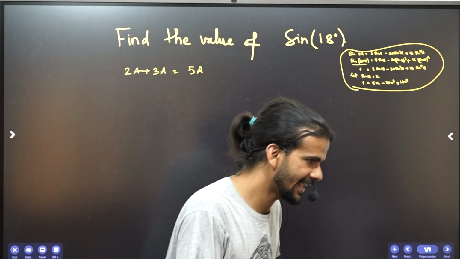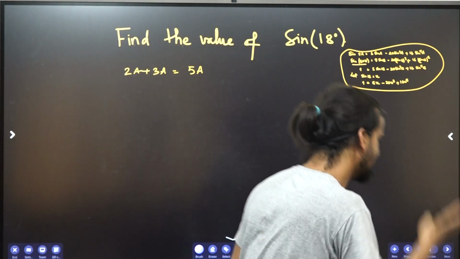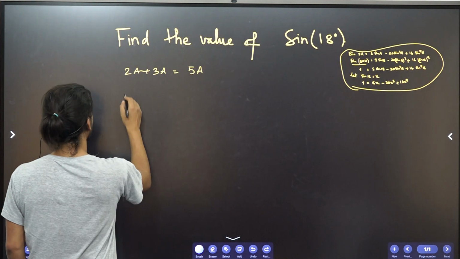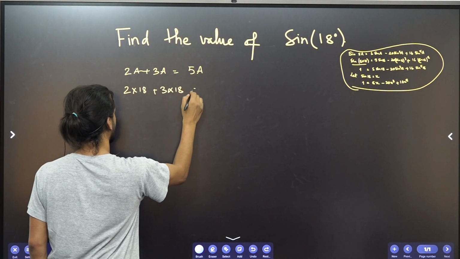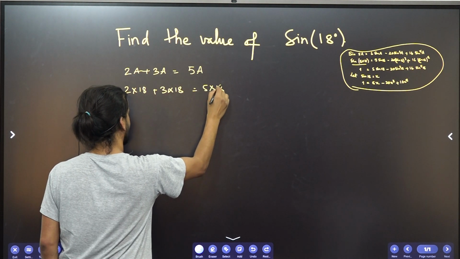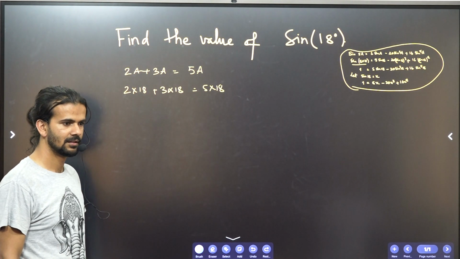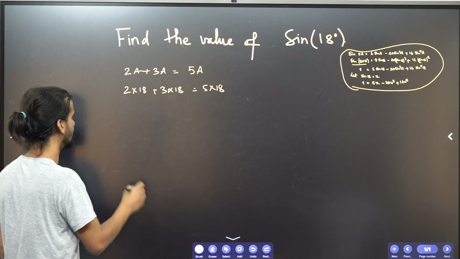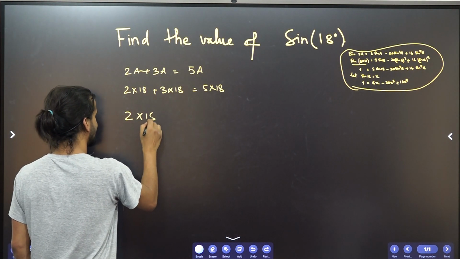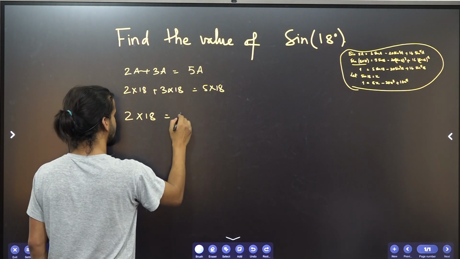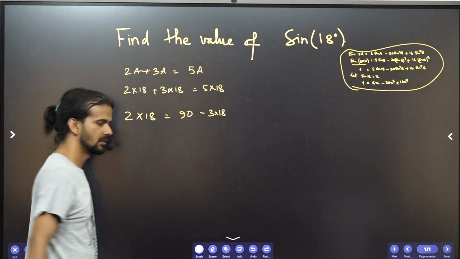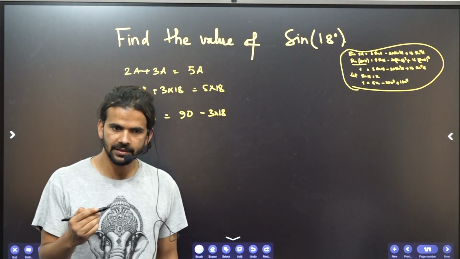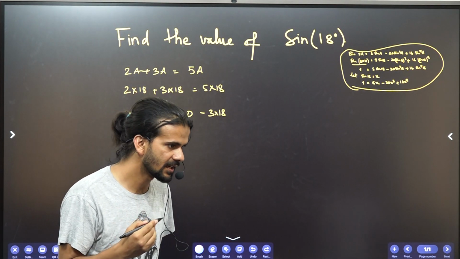How about putting a equals to 18? 2 times 18 plus 3 times 18 equals to 5 times 18. And then 2 times 18 equals to 5 times 18, which is 90, minus 3 times 18. Right? Isn't it?